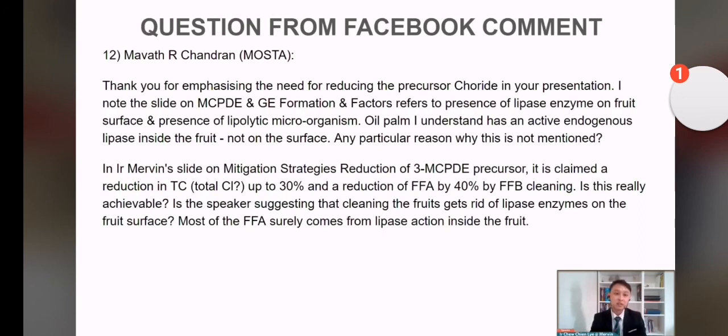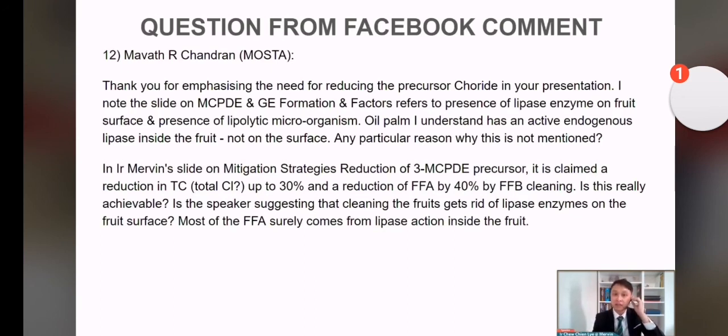On the second question on the reduction of FFA, I already answered in the earlier presentation, but whether it is achievable, rather than claiming yes, it is workable. Of course I know that it's workable. Maybe as I mentioned earlier, your site can also do the testing on that.